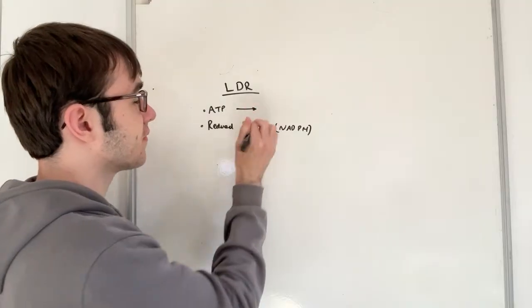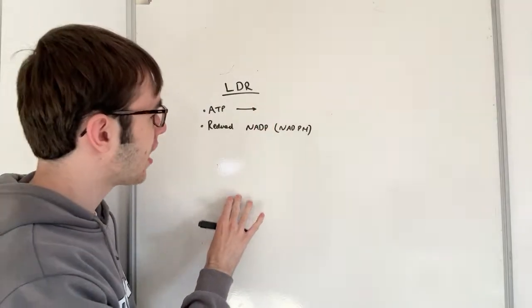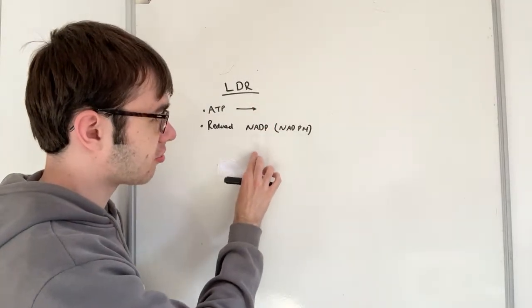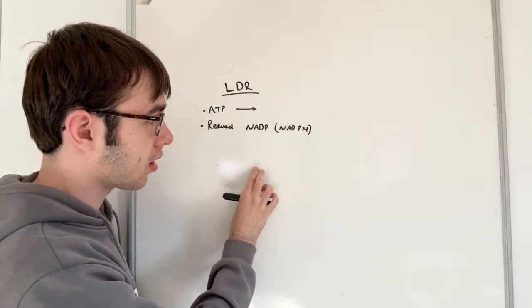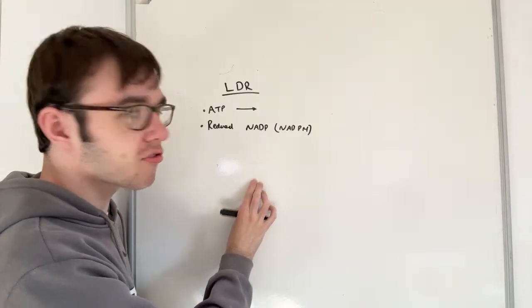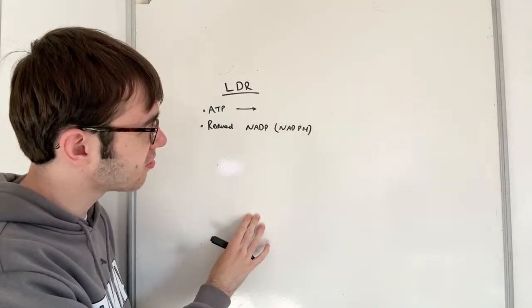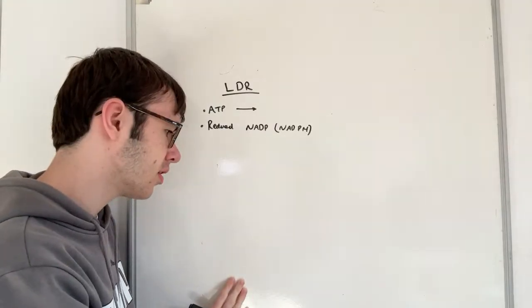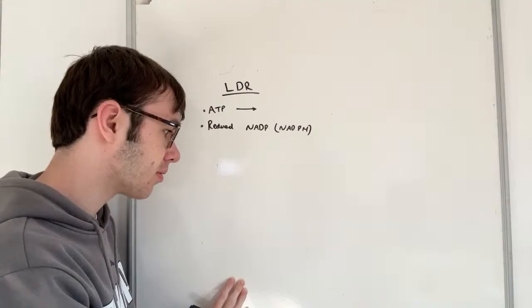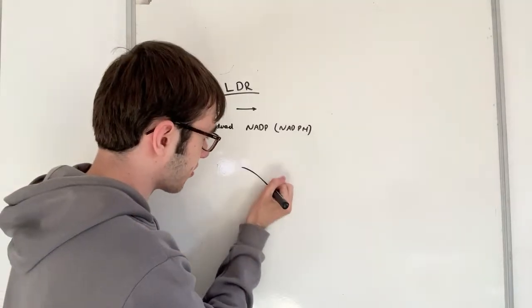ATP is used in the light-independent reaction, I think, to reduce triose phosphate into GP? No. Oh, why can't I remember? Hold on, Krebs cycle.